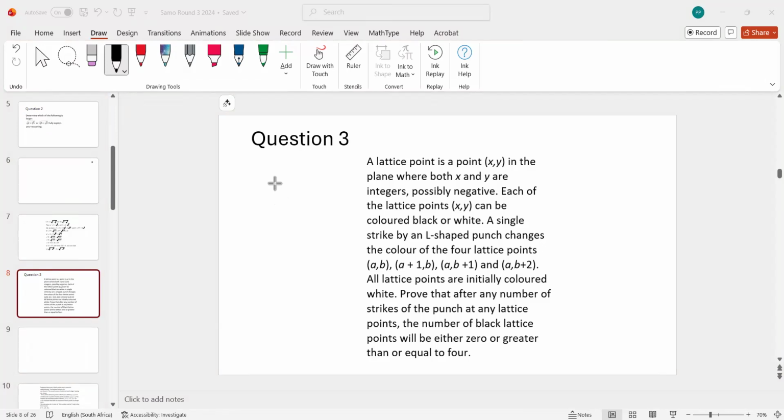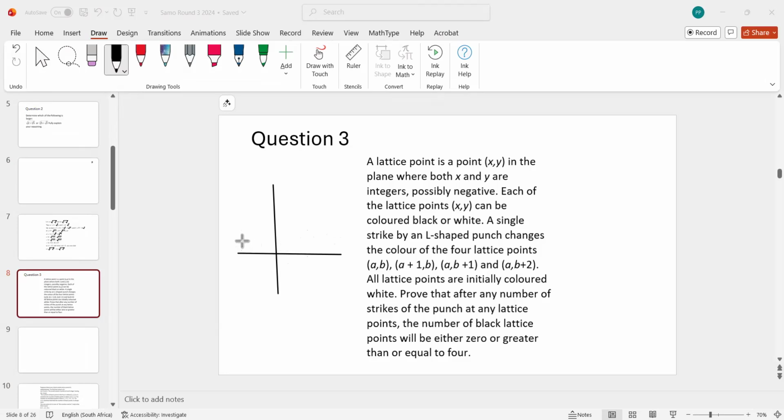Now, when you take all the points which are integers, they will be like (1, 1), (1, 2), (1, 3), and so on.